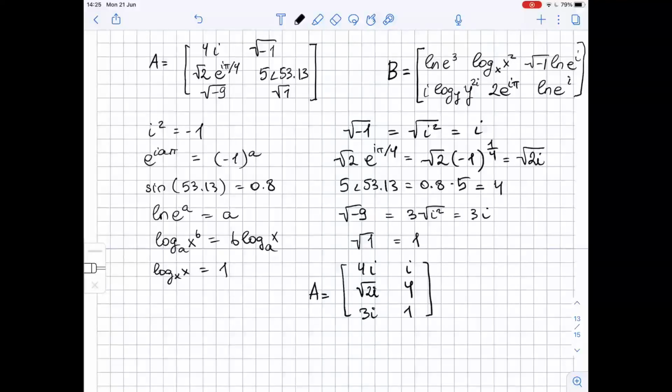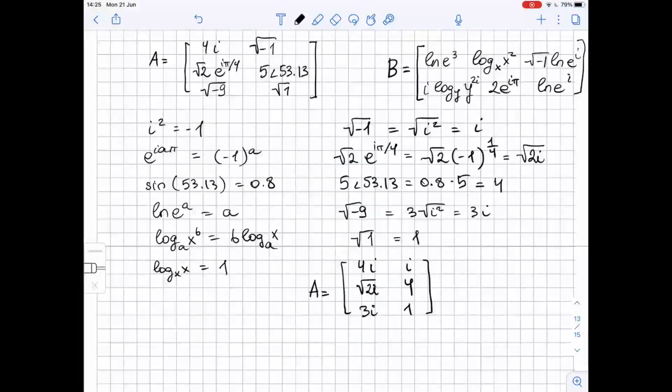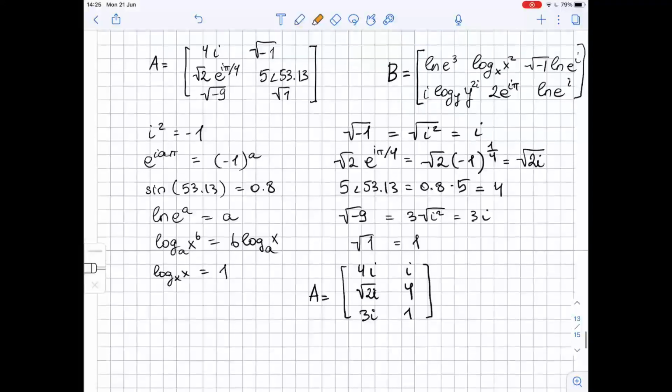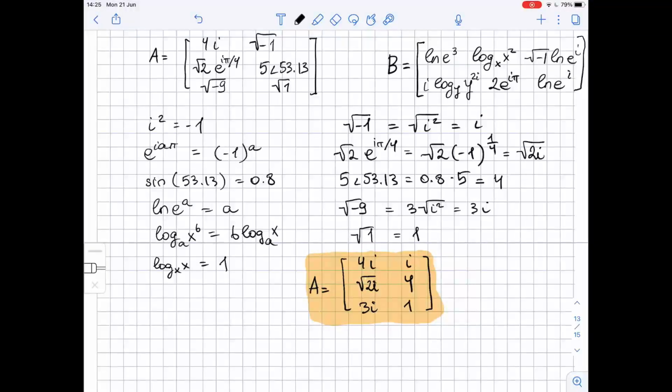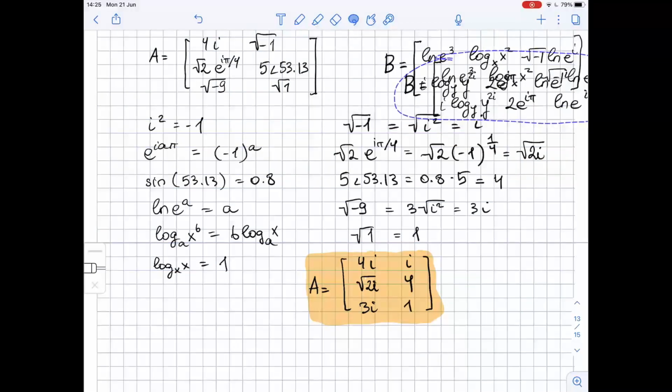Now let's simplify matrix B. I'll highlight matrix A. Wait, let me copy paste matrix B so I can see it right here.